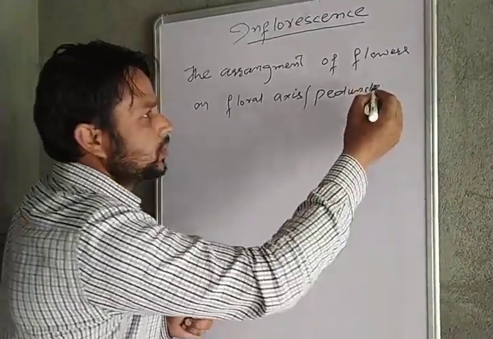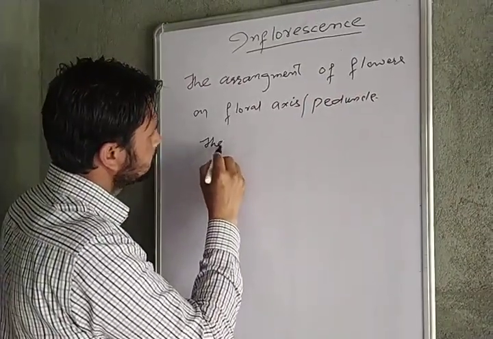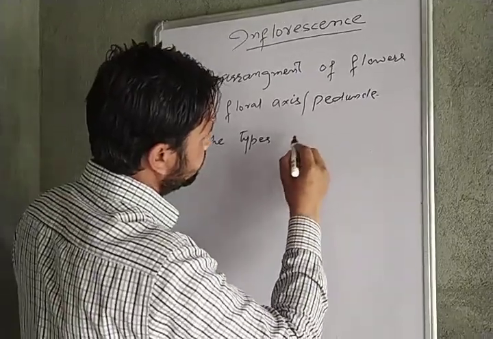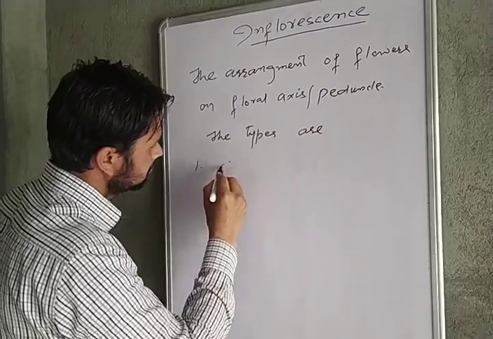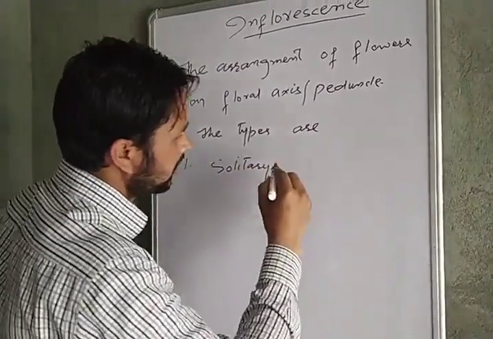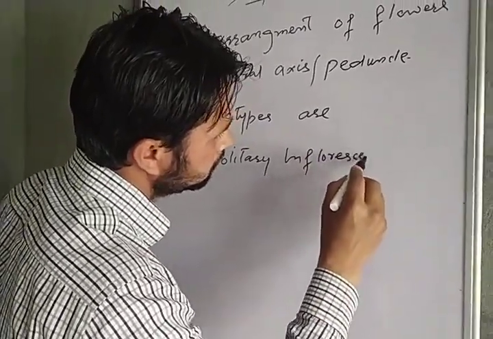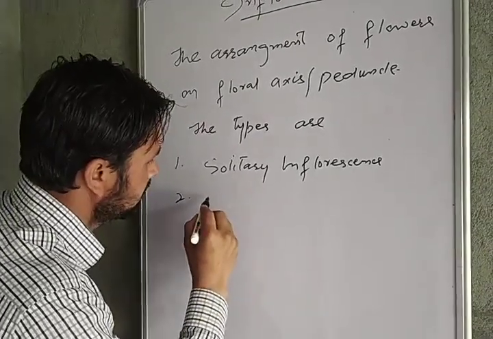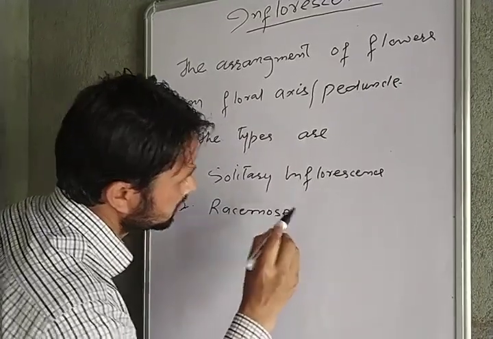So what are these types? The types are: number 1, solitary inflorescence. Number 2, racemose inflorescence.